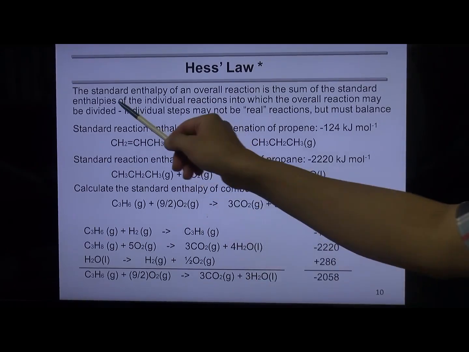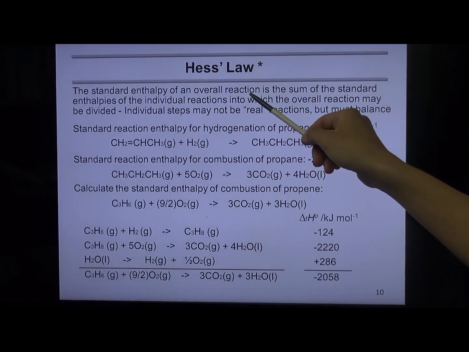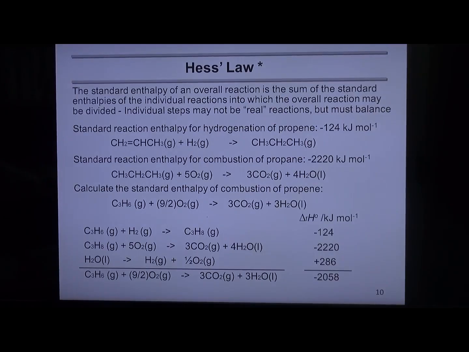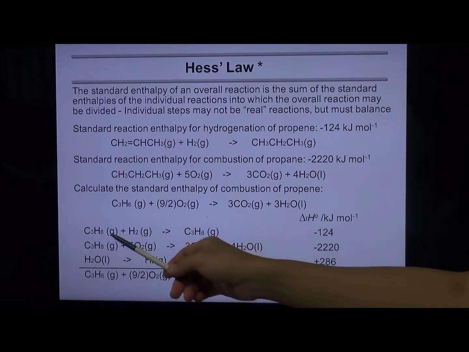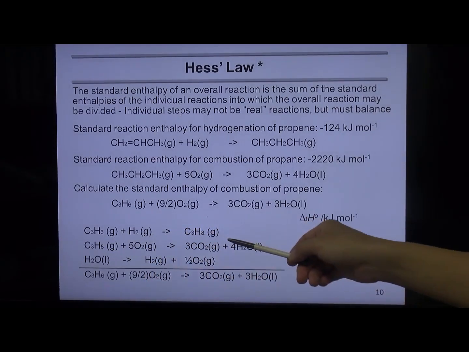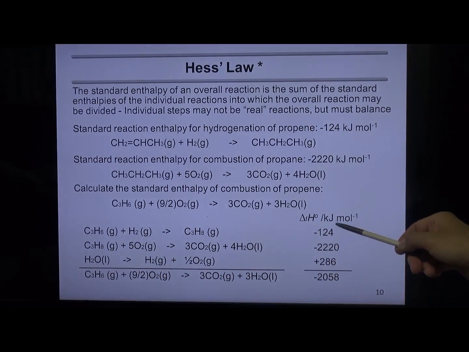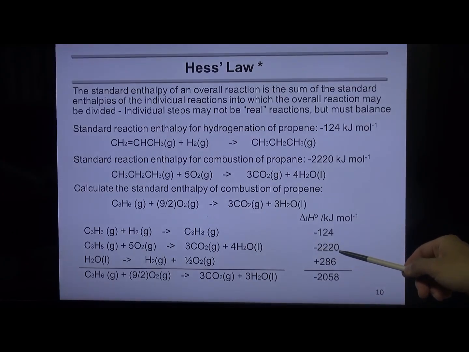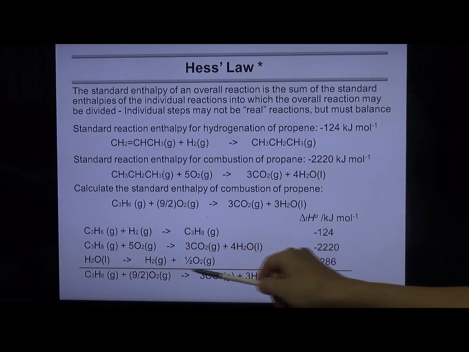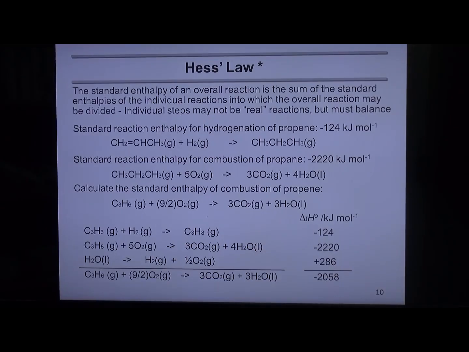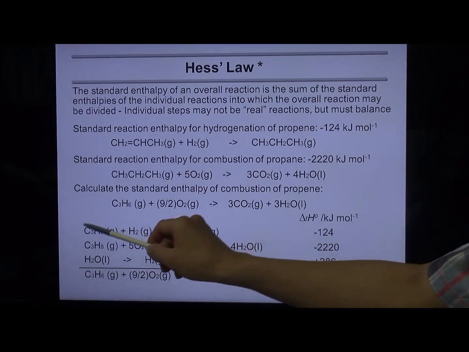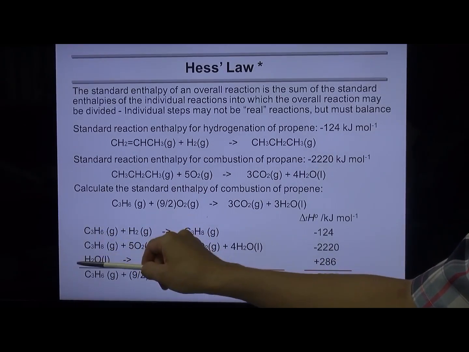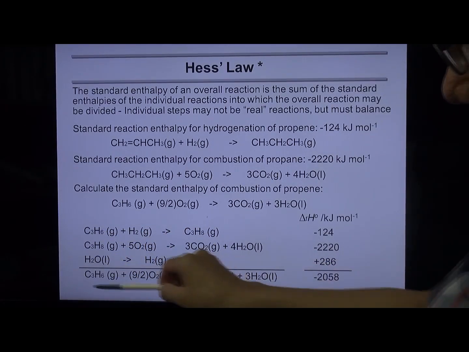So the standard enthalpy of an overall reaction is the sum of the standard enthalpies of the individual reactions. That's obvious, right? If we have the standard reaction enthalpy of this reaction as minus 124 kilojoules per mole, this reaction minus 2220 kilojoules per mole, this reaction plus 286 kilojoules per mole, then we sum up these three reactions and we get this reaction.